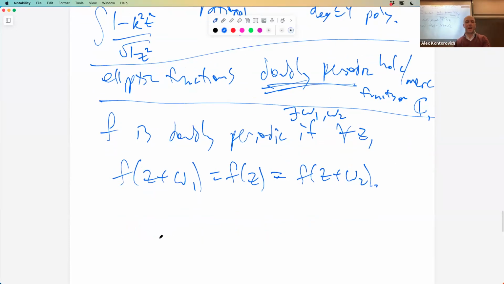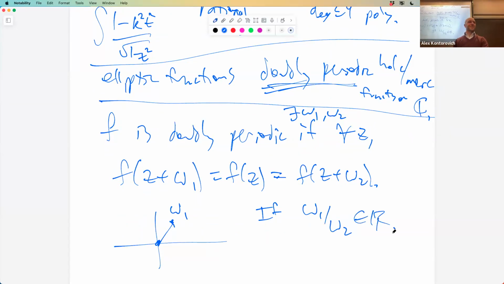Now, if omega 1 and omega 2 are in the same direction, let's think about F of 0. If omega 1 over omega 2 is real, then they're pointing in the same direction, and then double periodicity is just single periodicity. And if this number is rational, then it's actual periodicity. And if it's irrational, then it's just all over the place. So we don't want this.